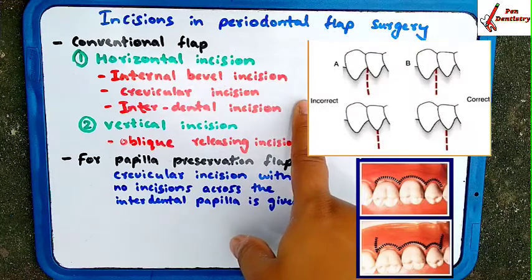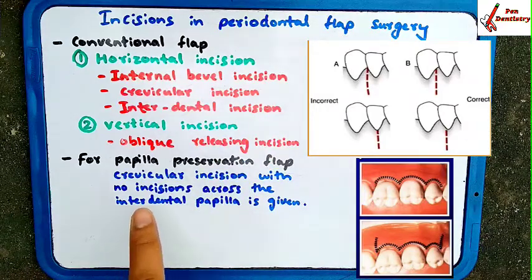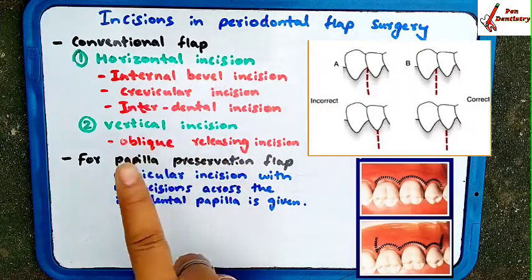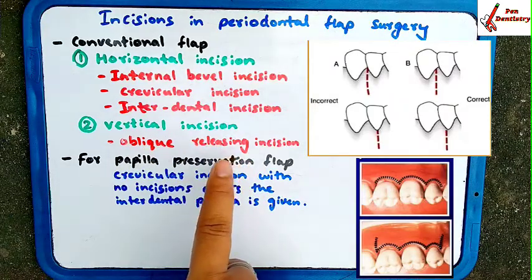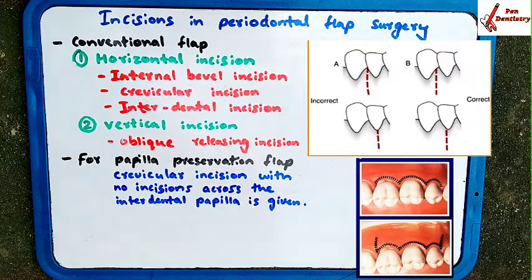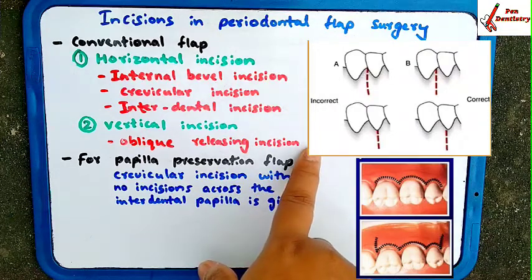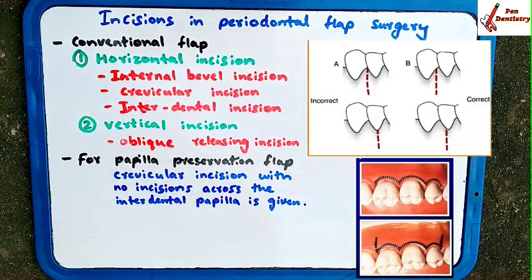If the flap has to be displaced, the incision at both ends is made. Another use of the vertical incision is the presence of a deep isolated pocket. If an isolated deep pocket is there, you are going to do the vertical incision, that is the oblique releasing incision.